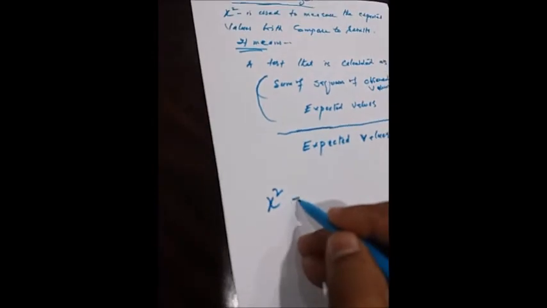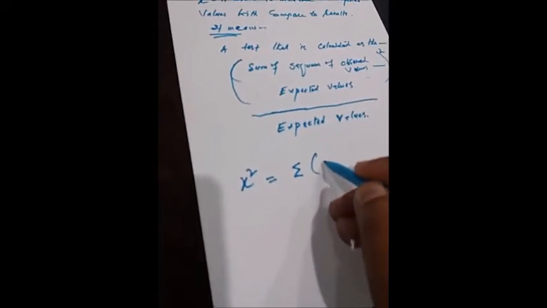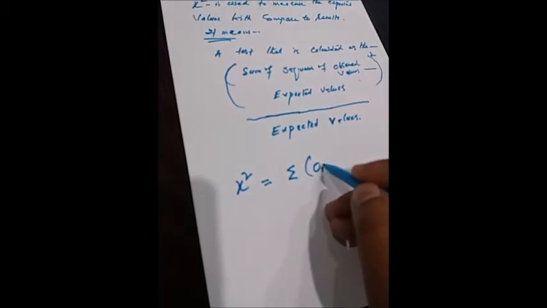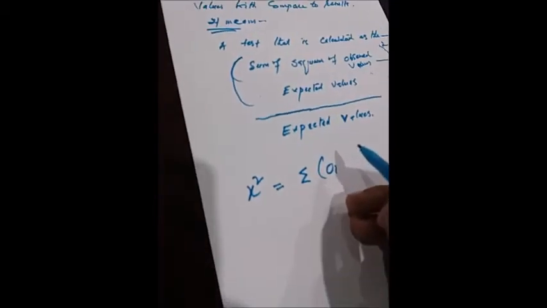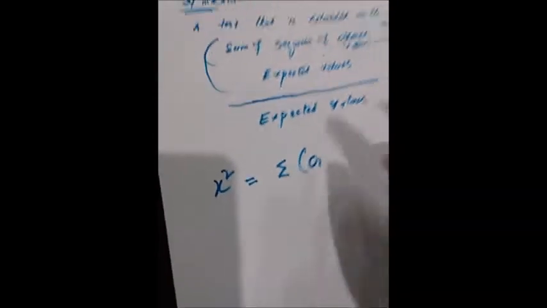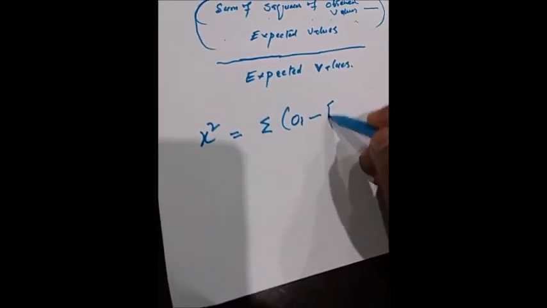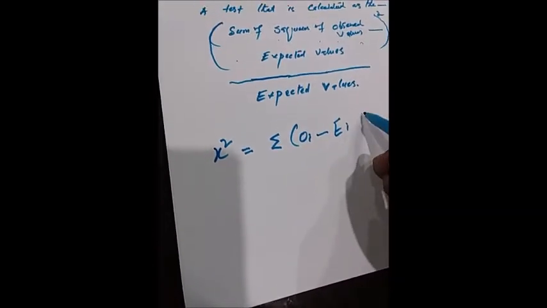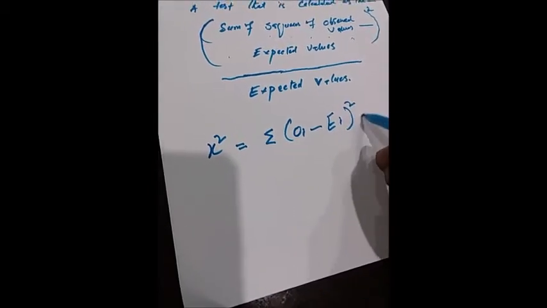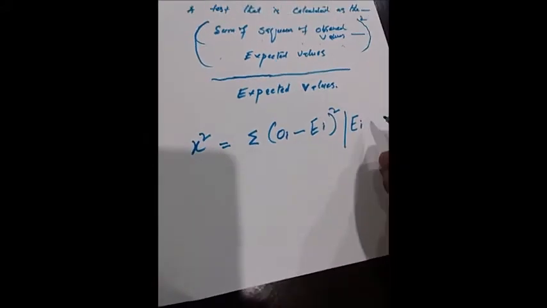chi-square is equal to summation of (OI minus EI) whole square divided by EI.